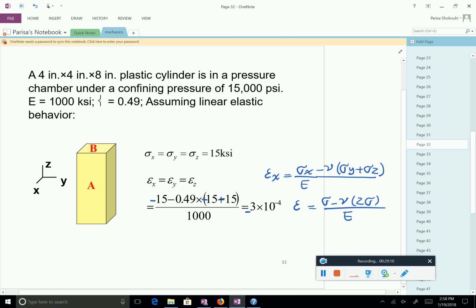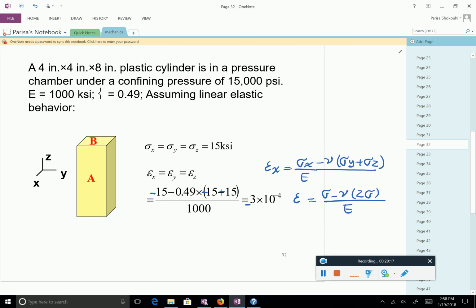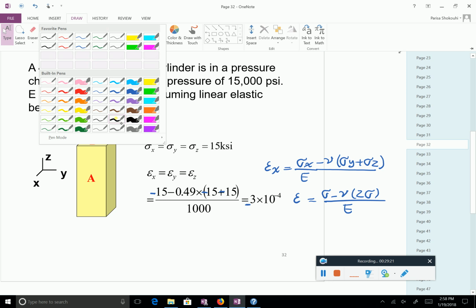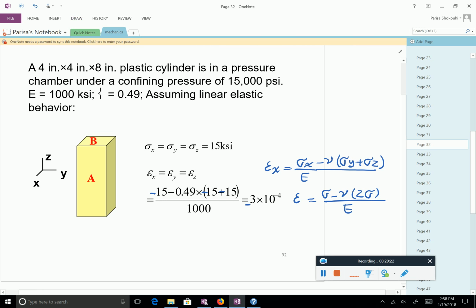Now, in your homework, if you have looked at the homework problems, you see that there are problems which ask for change in volume. It's a good exercise to also try to calculate what would be the change of volume here.